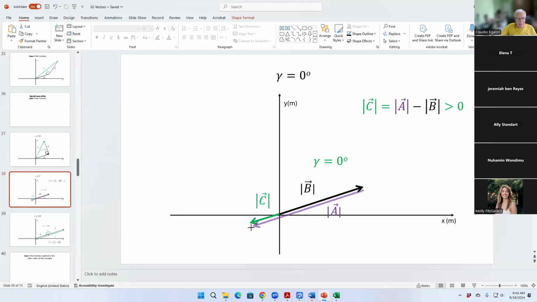Don't forget the angle is measured with respect to this angle here, the internal angle opposite to the C vector.